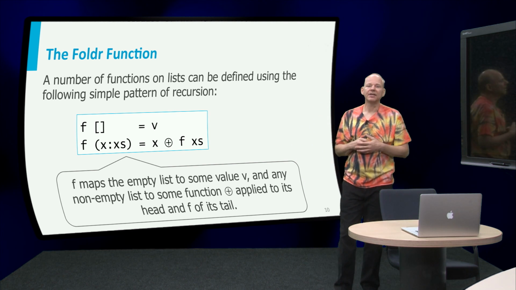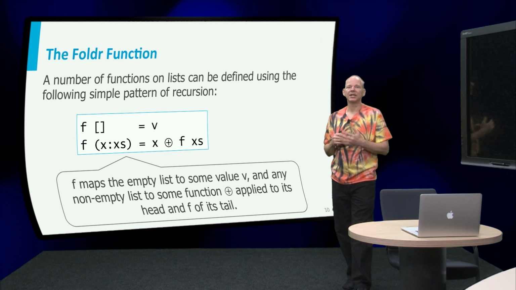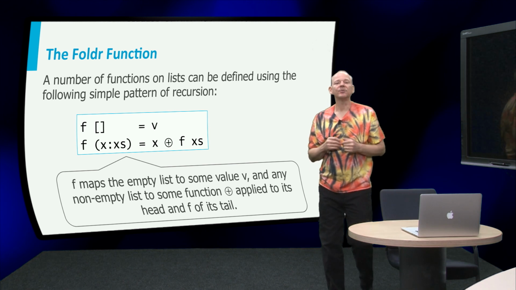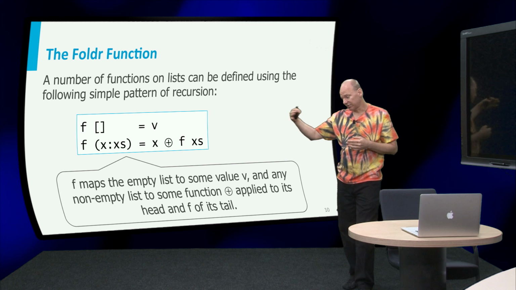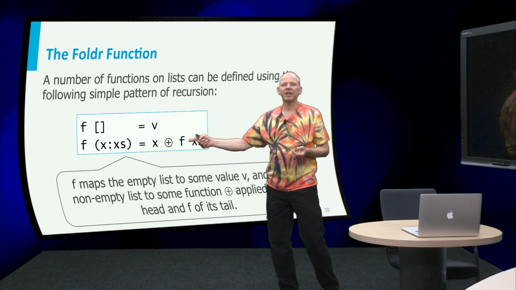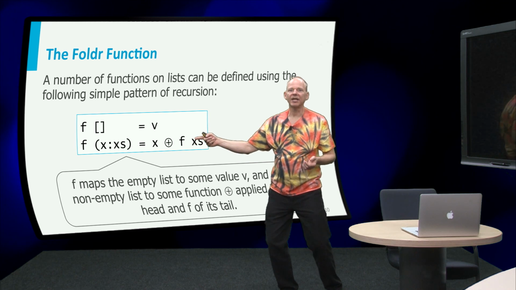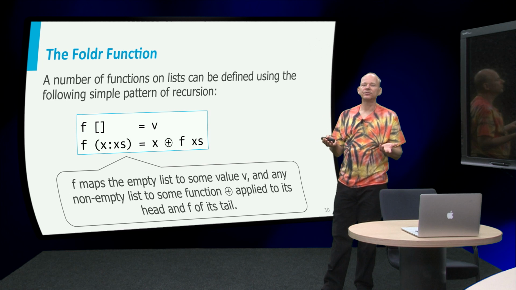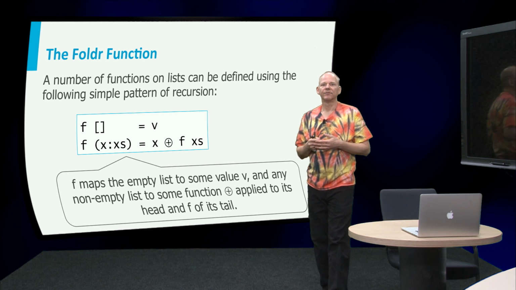So let's say that value is v, so f of the empty list is v. Now when we do f applied to x cons xs, we recursively call f on xs, that was the whole goal. And now we have to take the result of this recursive invocation and combine it with the value on top. And we use the operator plus for that.